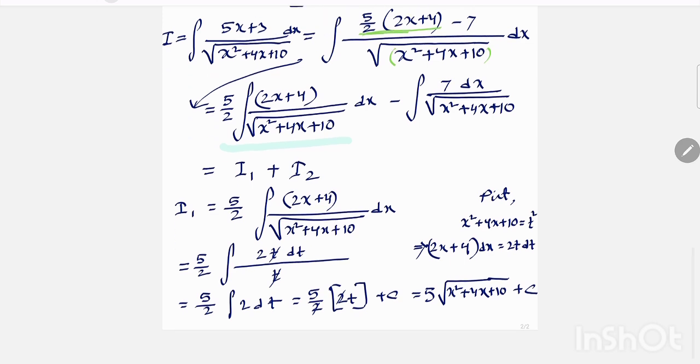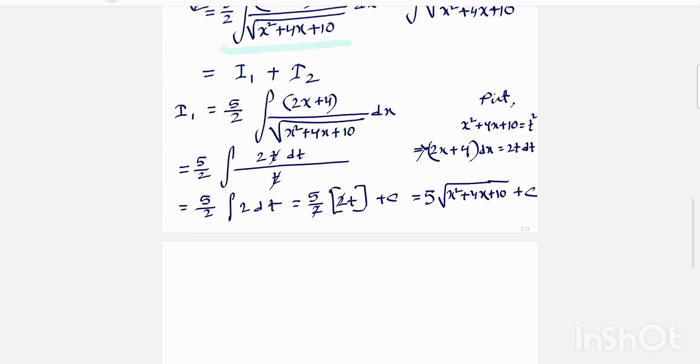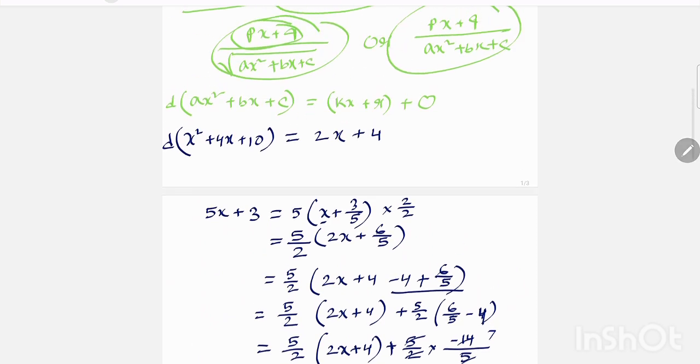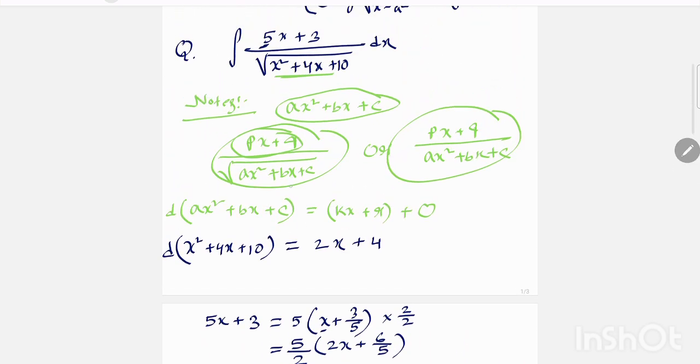Now we will see I2. So what is I2? I2 is integration of 7 by root over x square plus 4x plus 10 dx. Now I said at the first that whenever you see this kind of term in the denominator, it can be with a square root or without a square root. In both cases, you would take the numerator as the derivative of the denominator.